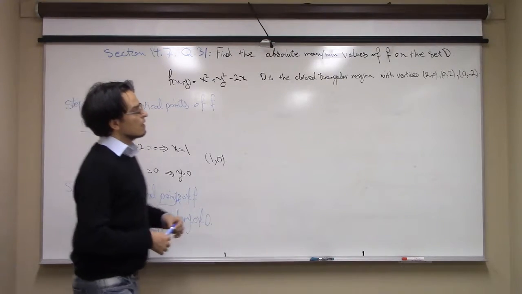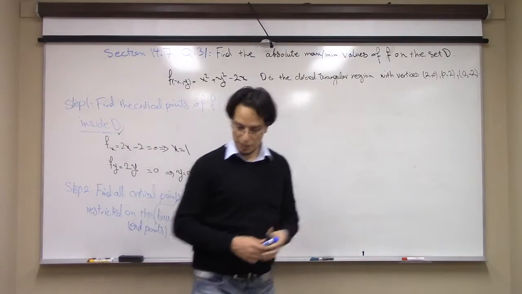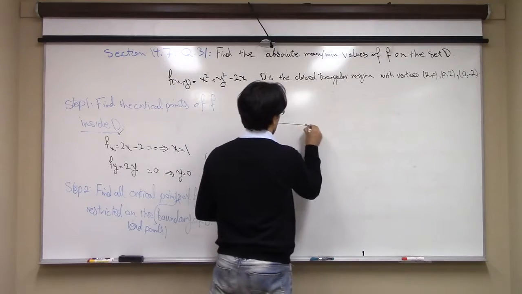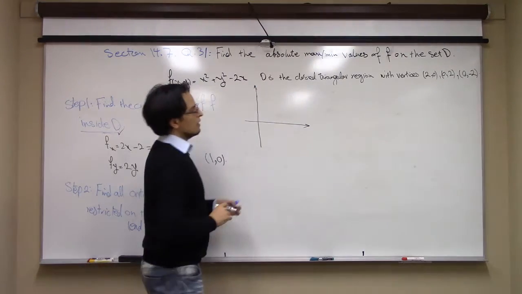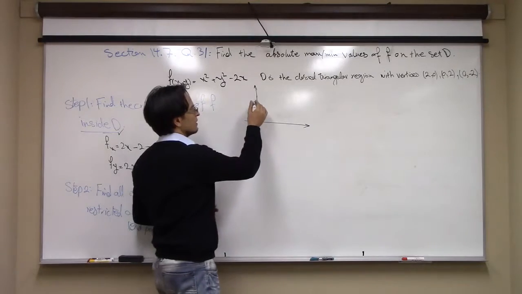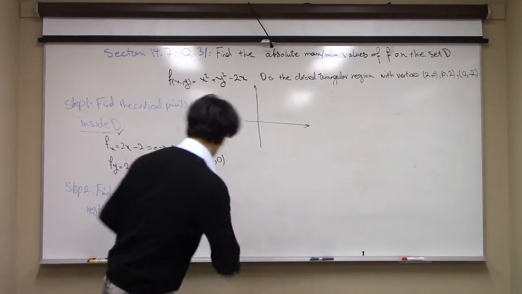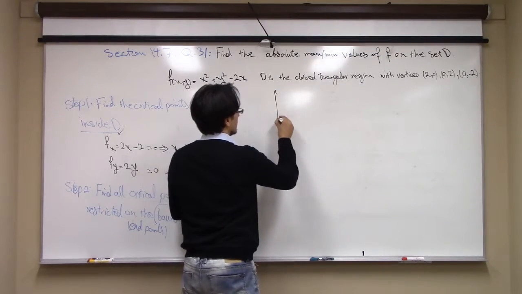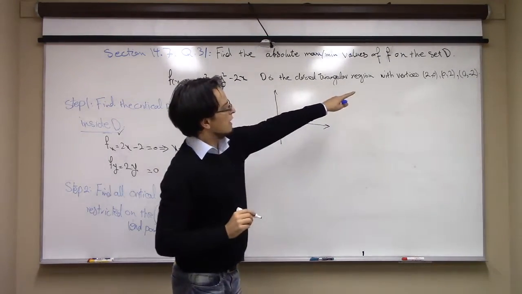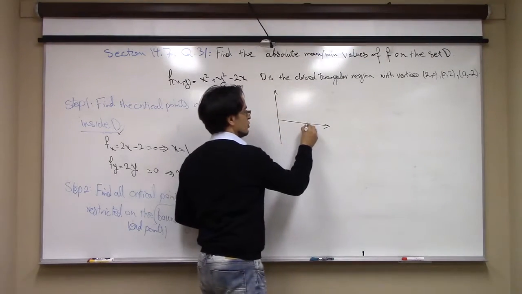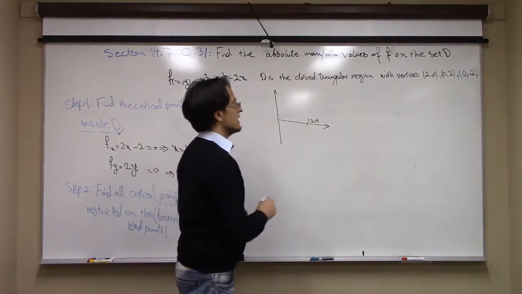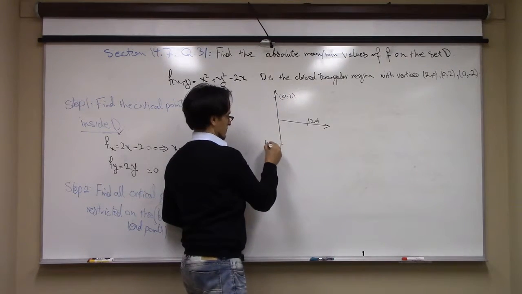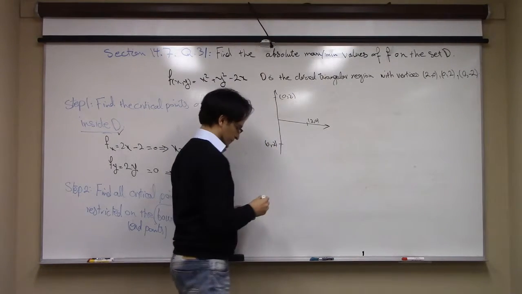But now we have to see what the region is. The region, it says, is triangular. The vertices are given by, let me draw my axes a bit further there. So I know that one vertex is (2, 0), the other one is (0, 2), and the last one is (0, -2).